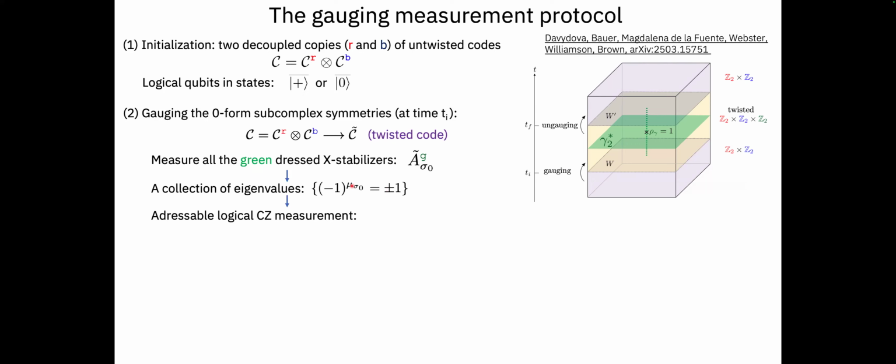Due to the fact that the subcomplex symmetry of the form of a CZ operator is just a product of these dressed X stabilizers, you are effectively doing a gauging that turns global symmetry into local gauge symmetry, and this is essentially the Gauss's law operator. But this Gauss's law operator only has finite support, so you can measure them fault-tolerantly.